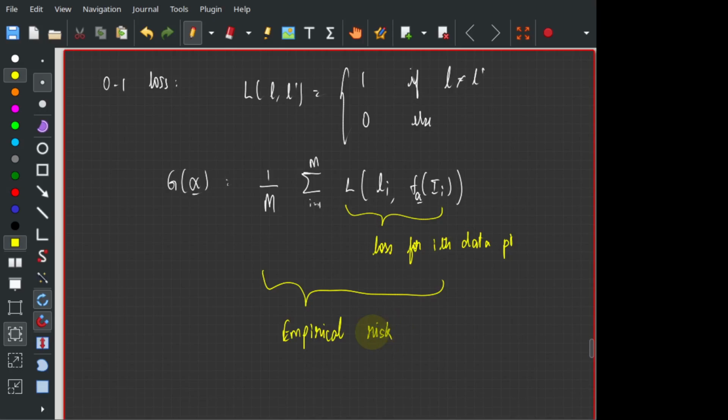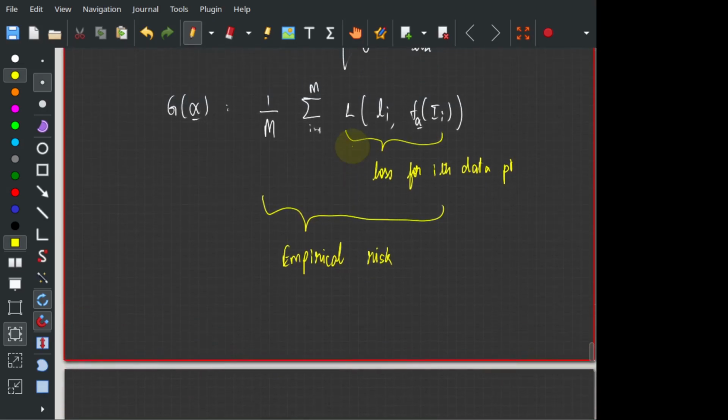Right? So the standard problem in deep learning is to design some kind of an algorithm which minimizes the empirical risk, and the minimization is typically taken over the parameters alpha, which are typically the weights of a, say, deep neural network. Correct?